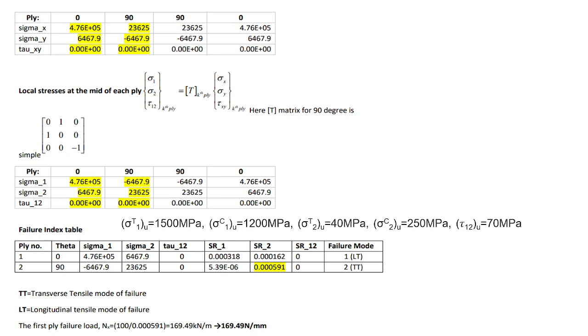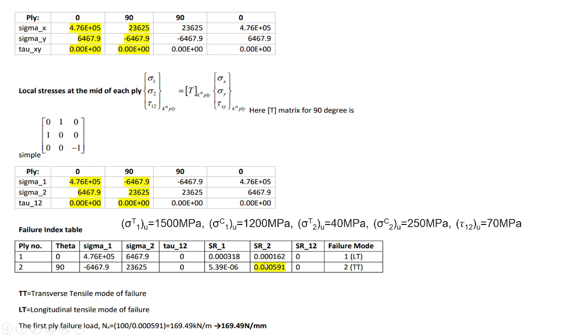So from this value, which is closest to 1, we consider it the condition which will fail first. And now from this value we have to find what will be the first ply failure load. The load which is given is 100 Newton per mm.